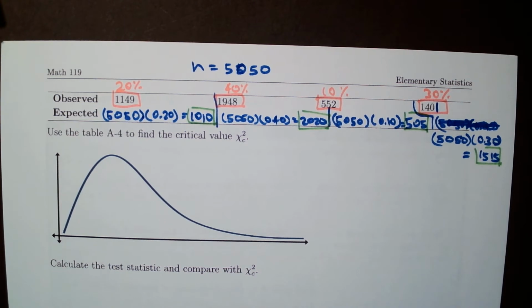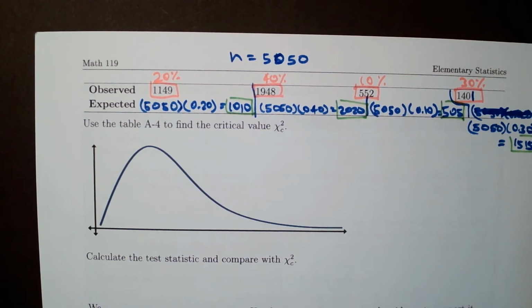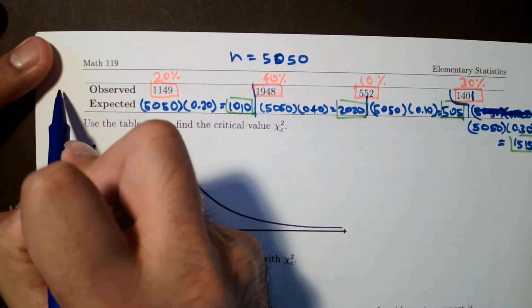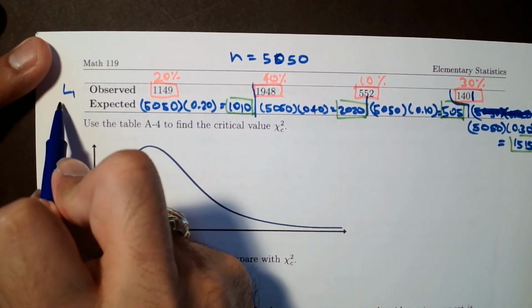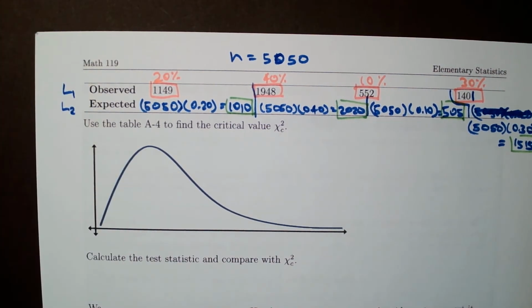Well, now, we're not going to do this huge calculation anymore. So what are we going to do in this case? Let me clear my calculator first. Observed values will be input in our calculator in L1, and expected values will be put in L2.